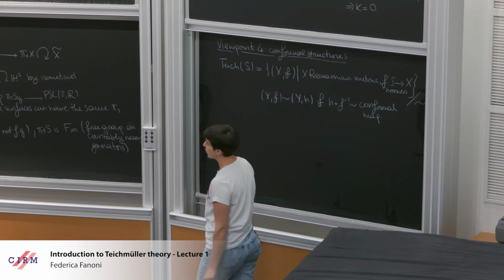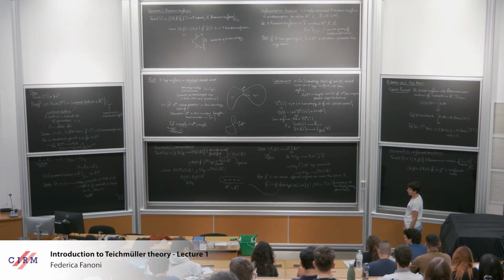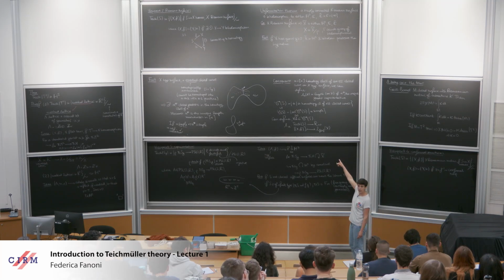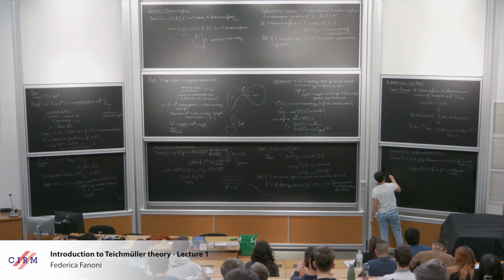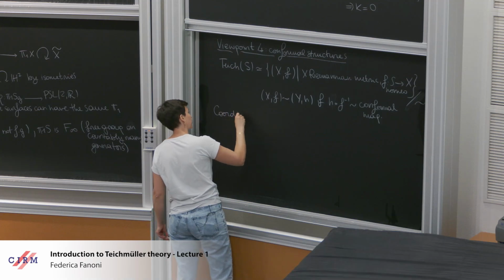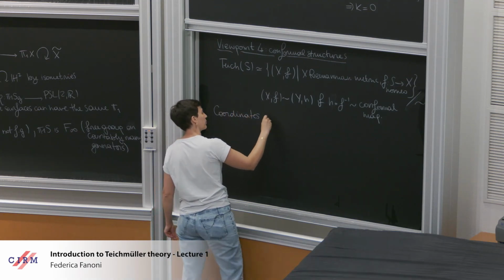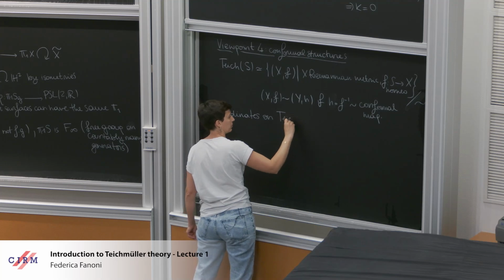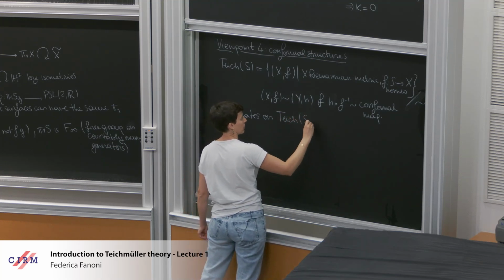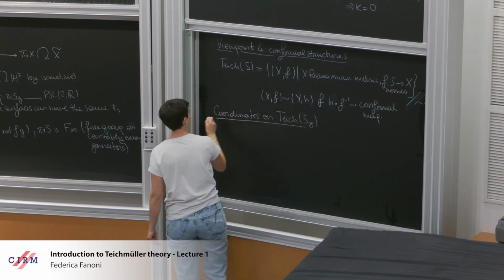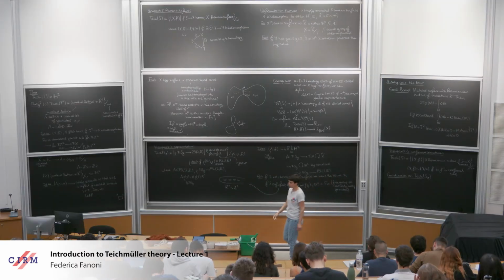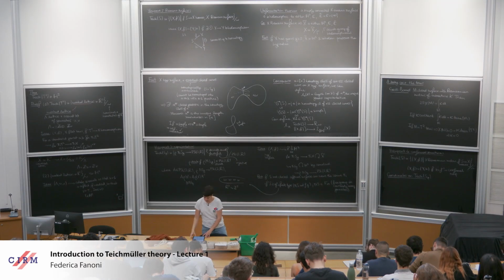So what I want to talk about now is how to give coordinates to Teichmüller space, and this is where these length functions are going to be useful. Okay, and to do that, we need to talk about pants decompositions.